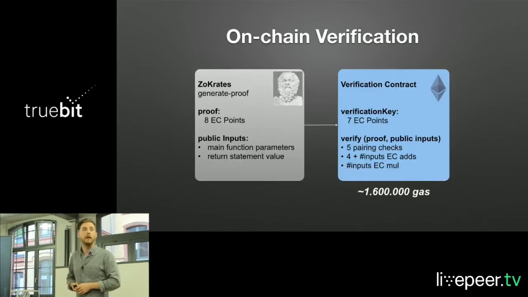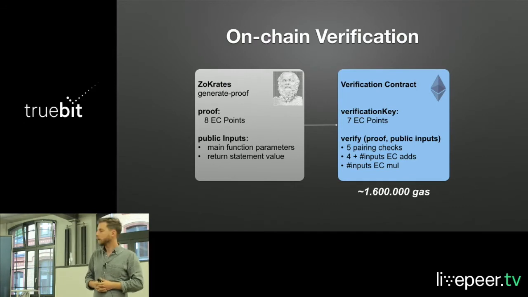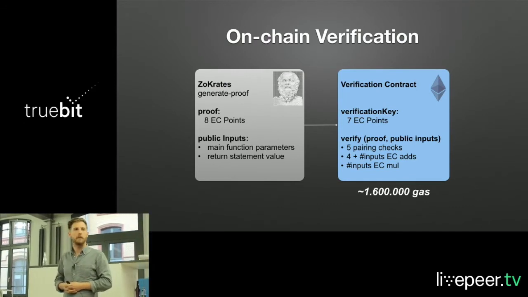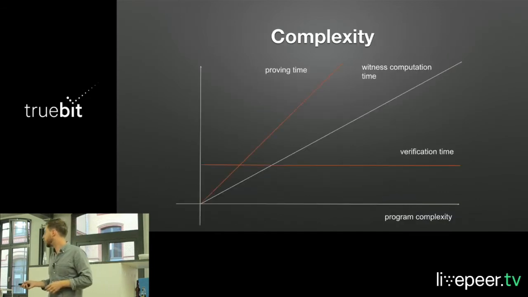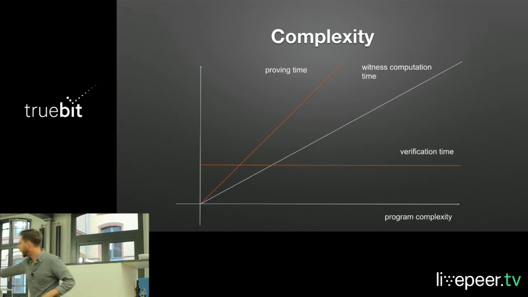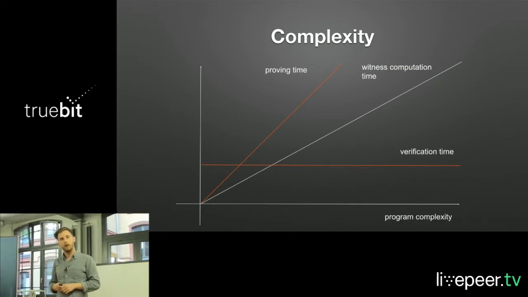One question there. Yeah. So, did I understand that the cost basically depends on the complexity of your circuit? The bigger the circuit, the more expensive. That's what I tried to show on this slide. The verification time is constant, and does that just mean it's constant for any circuit that I use? Yes.